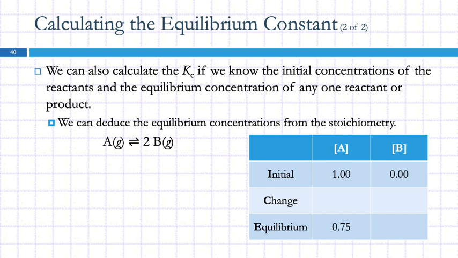We can, from this information, figure out what the concentration of the other things are using stoichiometry. So if A went from 1 molar to 0.75 molar, how did it change? Negative 0.25, right? So the change here was negative 0.25.